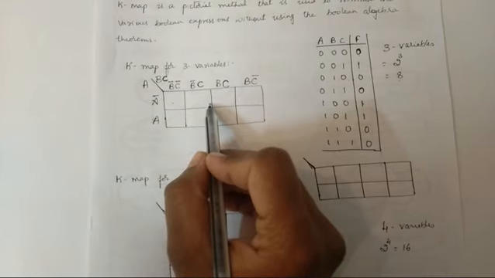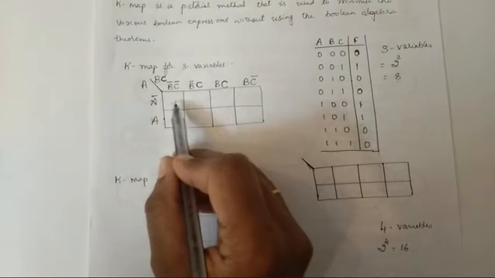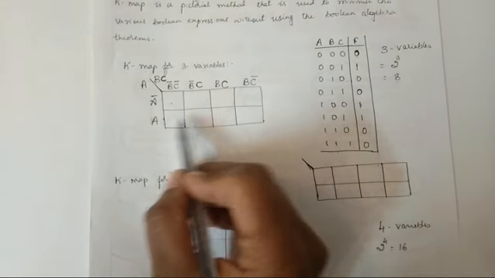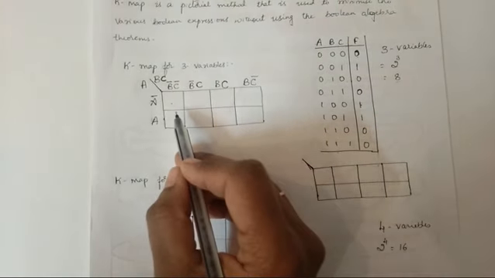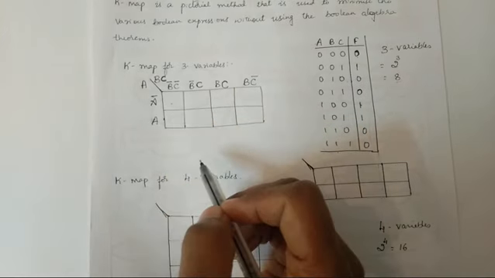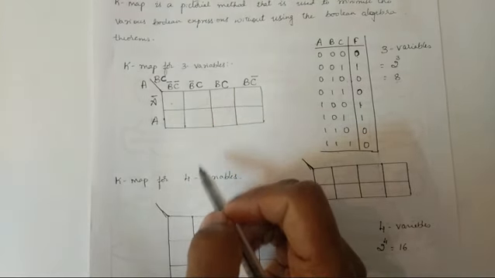Now let us number these cells. These small blocks are called cells. Let us number those blocks or cells.